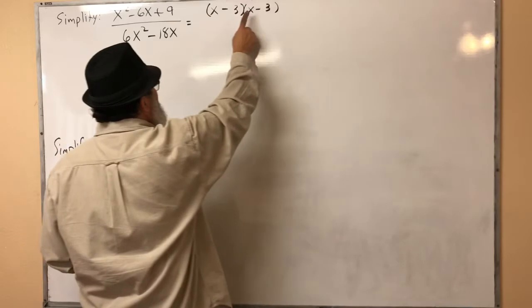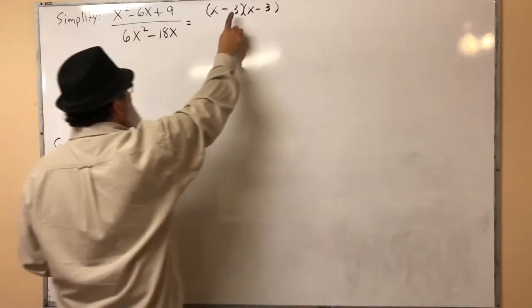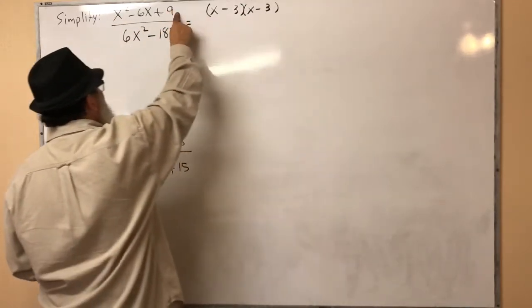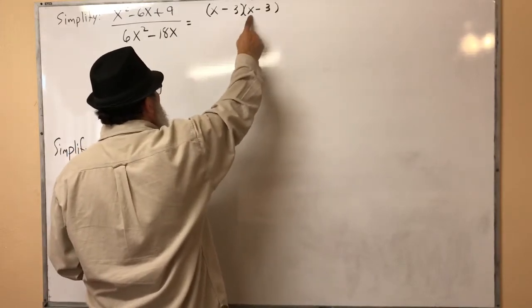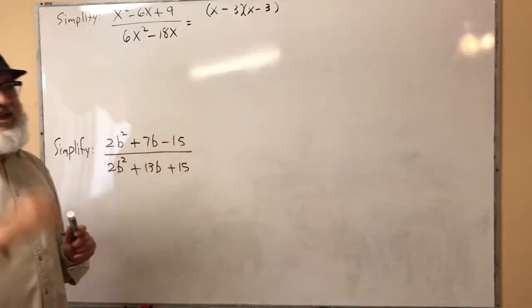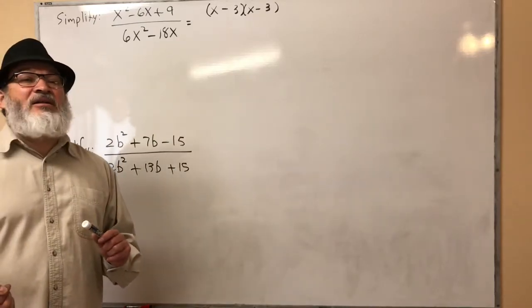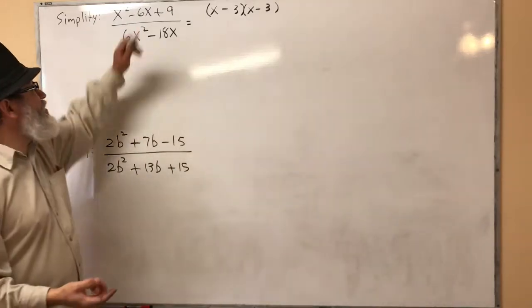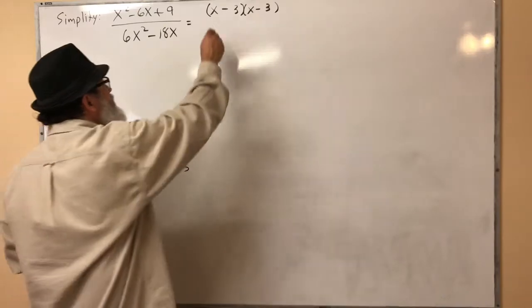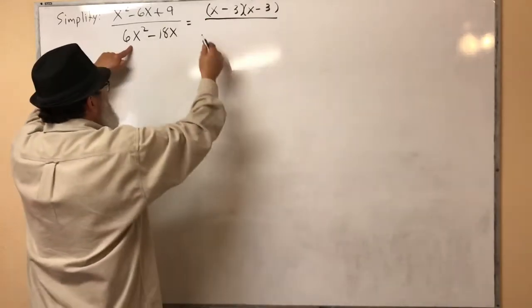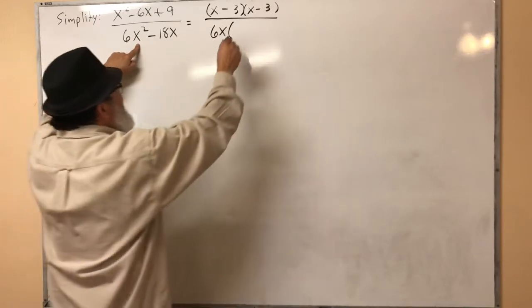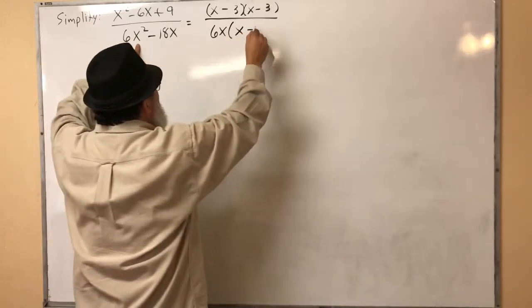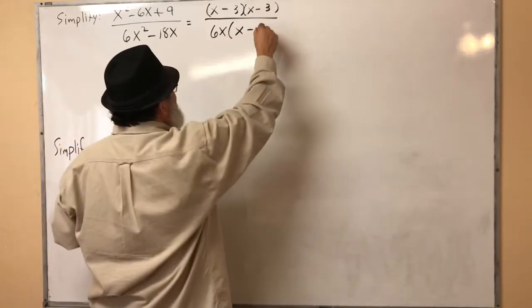So x times x is x squared, negative 3 times negative 3 is positive 9, and outer is negative 3x, inner is negative 3x, negative 3x plus negative 3x is negative 6x, which is right there. The bottom, factor out of 6x times what? Times x minus what? Minus 3.